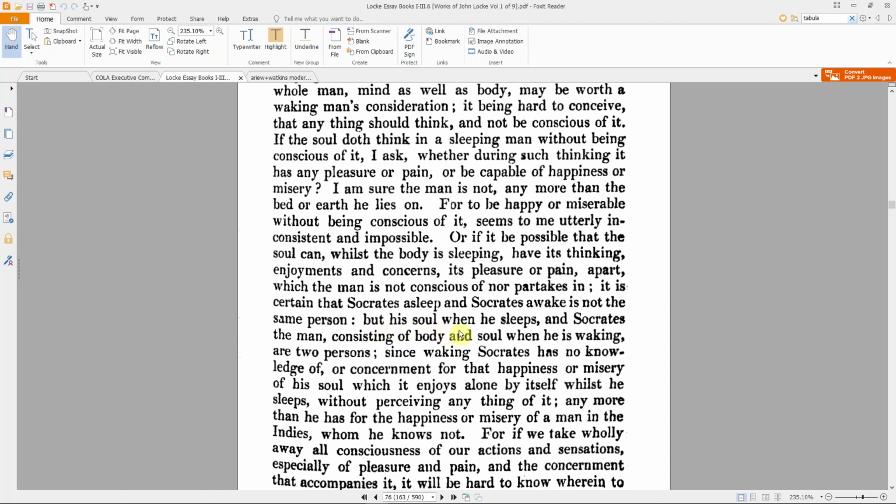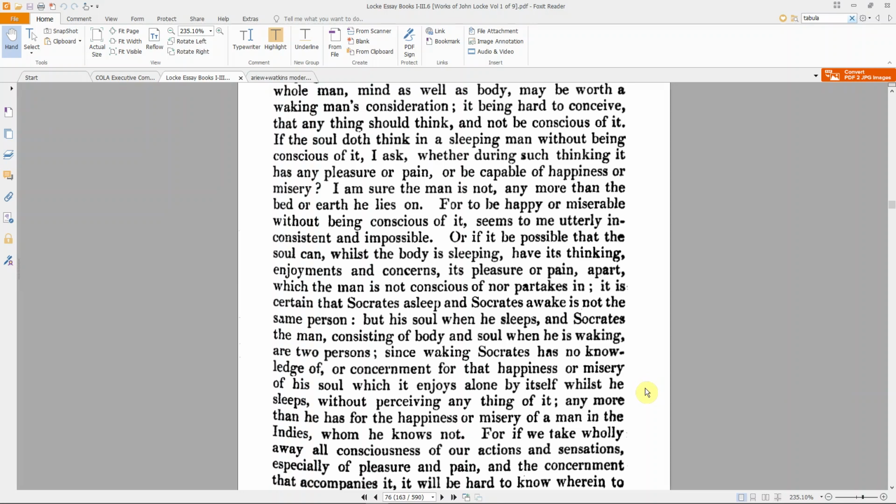But his soul sleeps when he sleeps, and Socrates the man, consisting of body and soul when he is waking, are two persons, since waking Socrates has no knowledge of or concernment for that happiness or misery of his soul which it enjoys alone by itself, whilst he sleeps without perceiving anything of it, any more than he has for the happiness or misery of a man in the Indies whom he knows not."